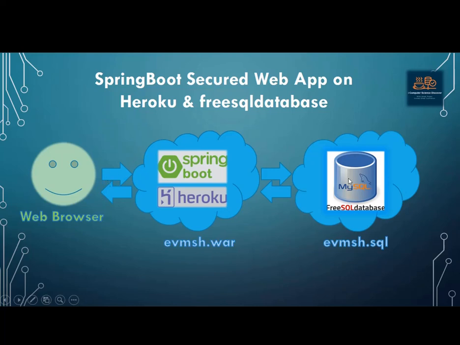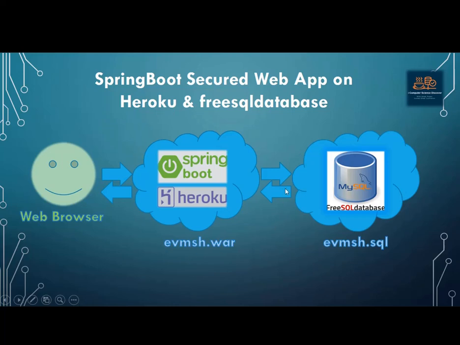Of course, you could ask why we're using MySQL on another platform, when Heroku also has a database that you could use, which happens to be Postgres, and they also have a free tier, I believe. But the reason I wanted to go a different route is that I wanted to show you a truly independent, separate tier, cloud-to-cloud connection.